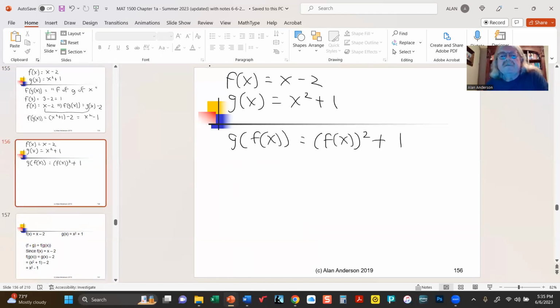Okay. So in other words, you see what I've done, where I had x squared, I now have f of x squared. So therefore I have x minus 2 squared plus 1.